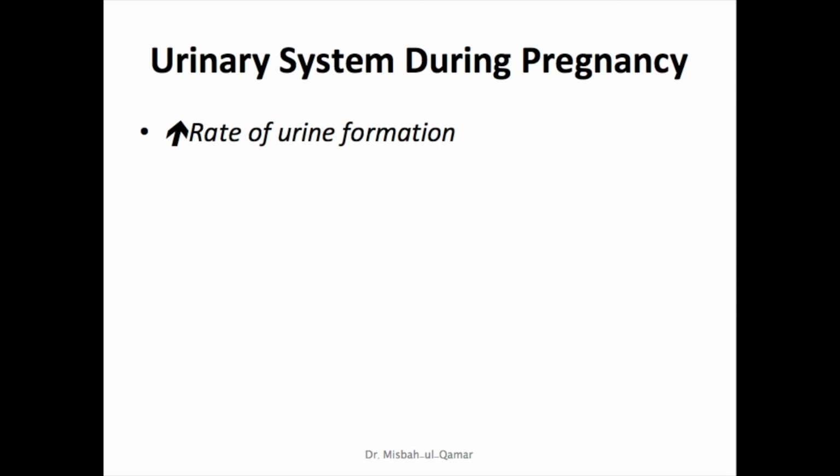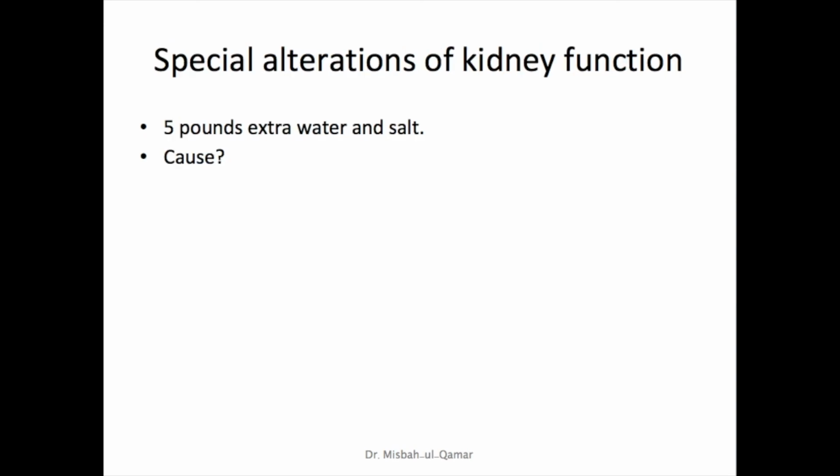The rate of urine formation slightly increases due to increased fluid intake and increased load of excretory products. A normal pregnant woman ordinarily accumulates about 5 pounds of extra water and salt.